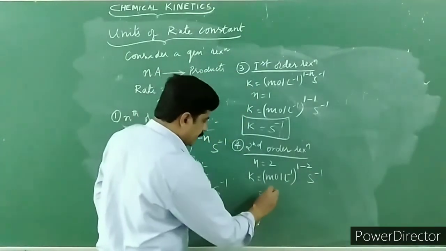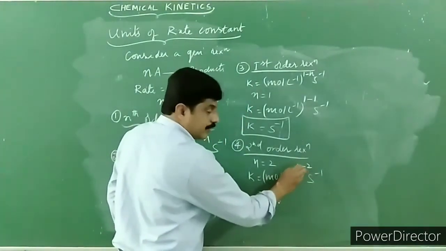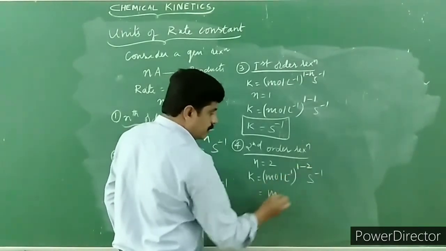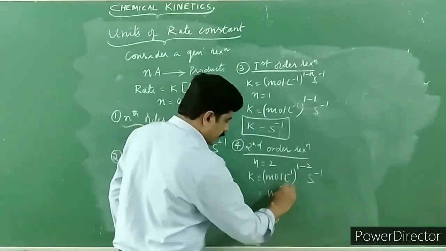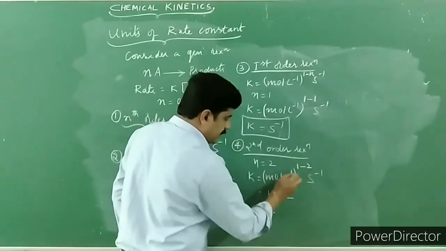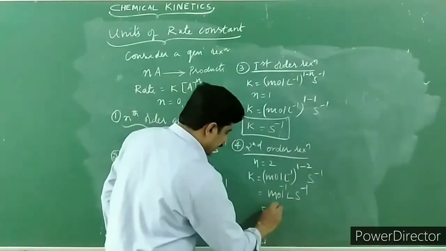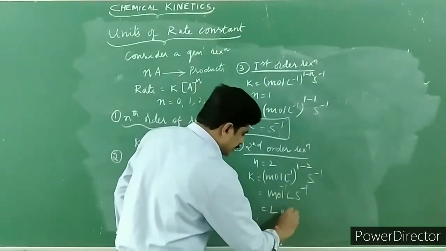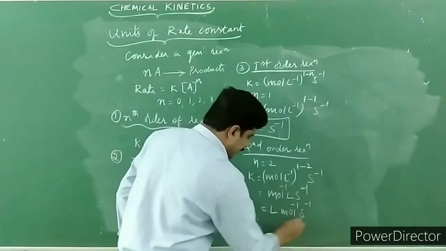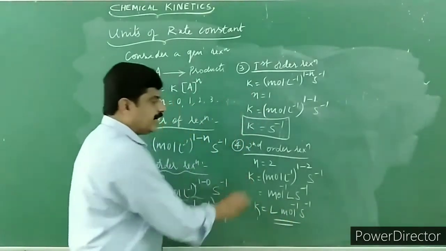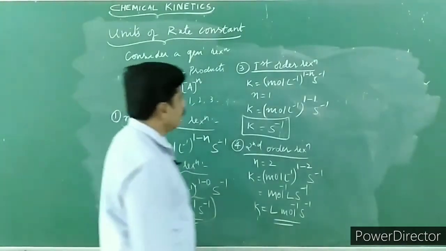In that case, look at here, 1 minus 2 is equal to minus 1. Mole inverse, minus 1 into minus 1 plus 1, liter per second. Or you can write liter per mole per second. So this is the unit for rate constant for second order reaction.